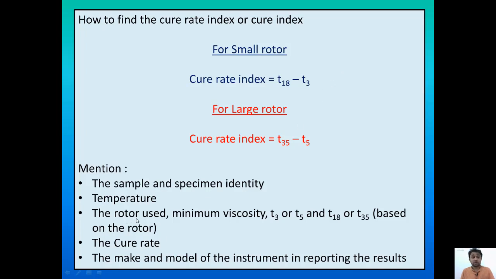You have to mention the rotor, large or small, since the values are different. You also need to mention the minimum viscosity separately, other than the index, and the make and model of the instrument. It is very important.